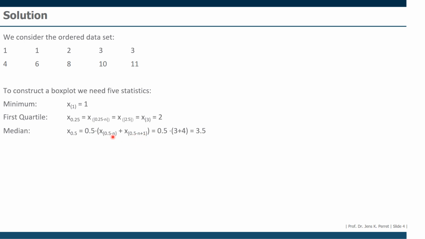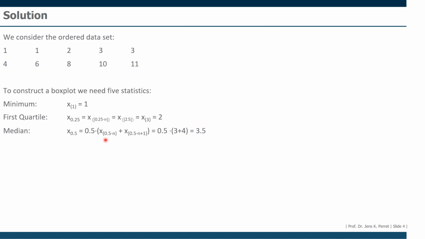Going to multiply the number of observations with 1/2, and then at this point add 1 to this. So I get 5 here and 6 here. So I'm taking the 5th and the 6th observation and take the average of those two numbers. So in this case, the average of 3 and 4, giving me a median of 3.5.